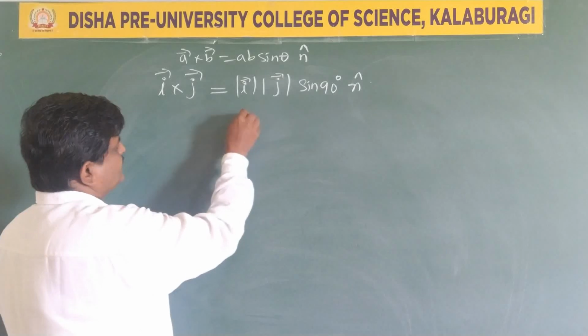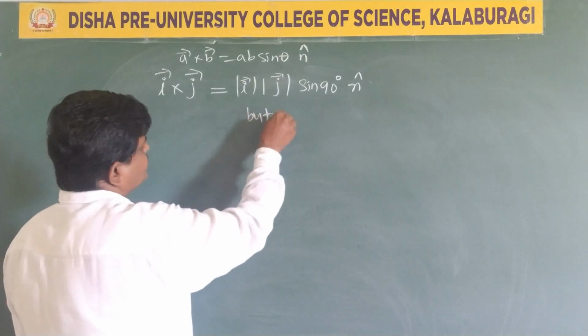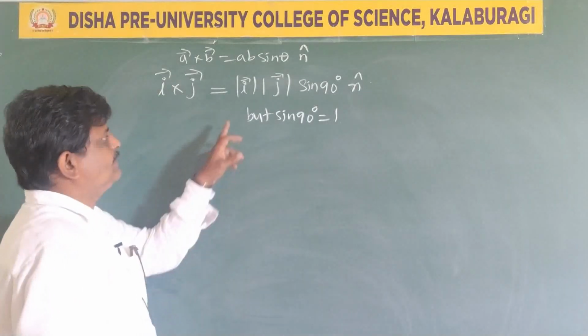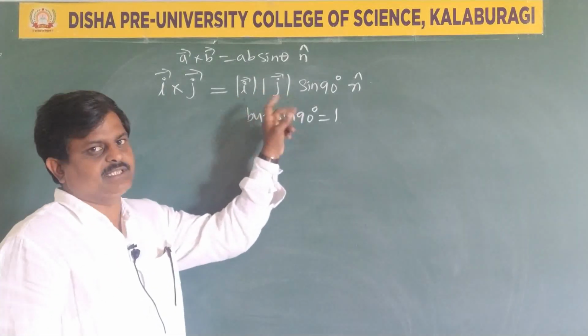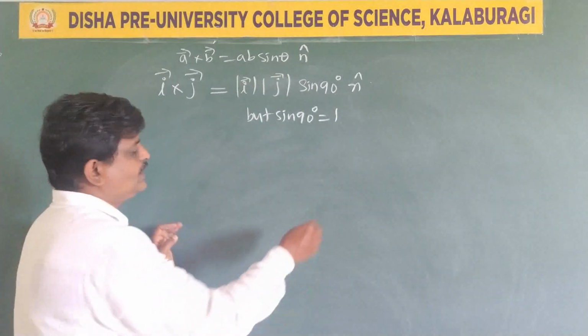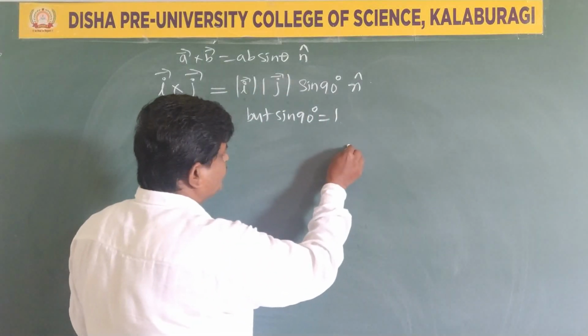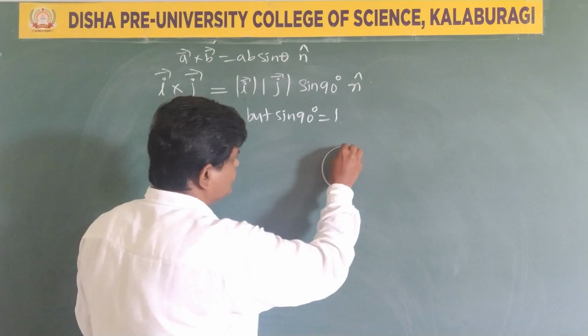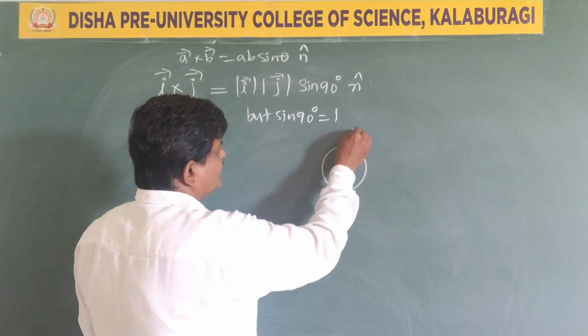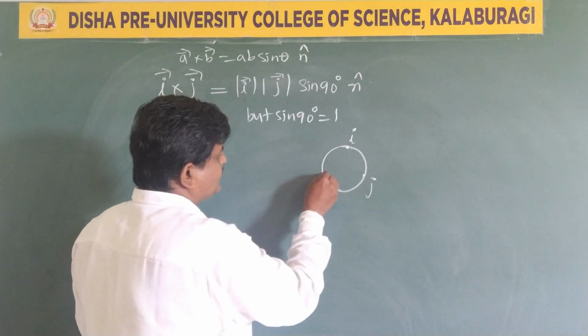See please, what is sine 90? It is 1. But what are the magnitudes of I vector and j vector? That is also 1. You will get one more vector. So how to assess that vector, that is, the product of the vectors? Here is a simple way to assess the direction: I, j and k.